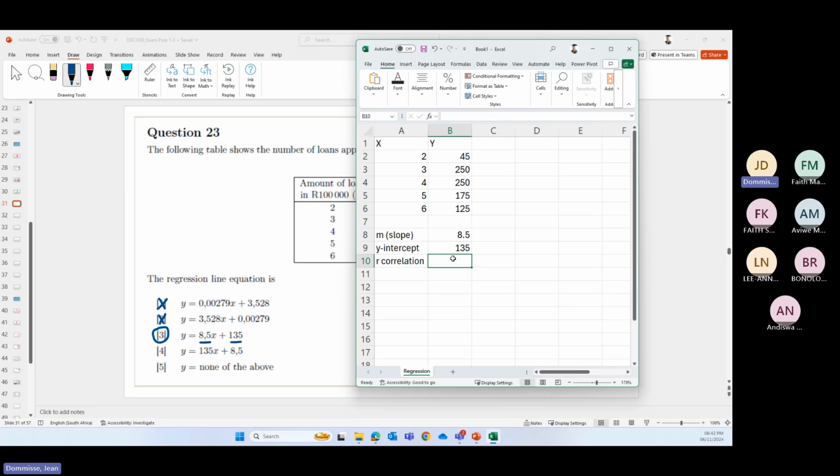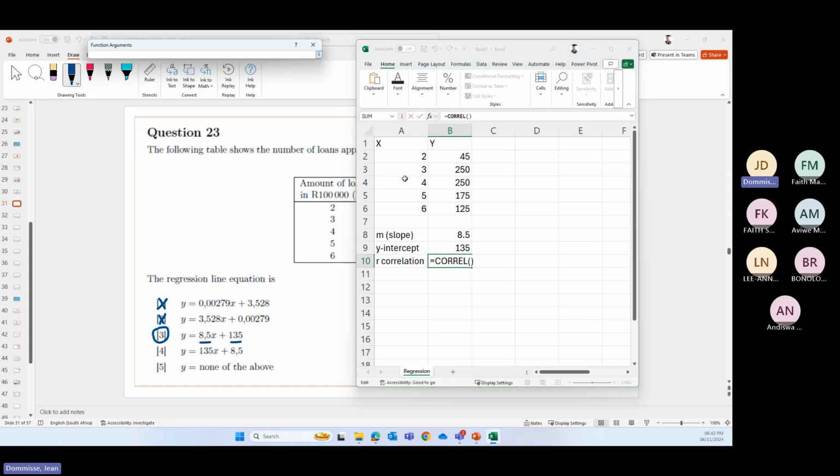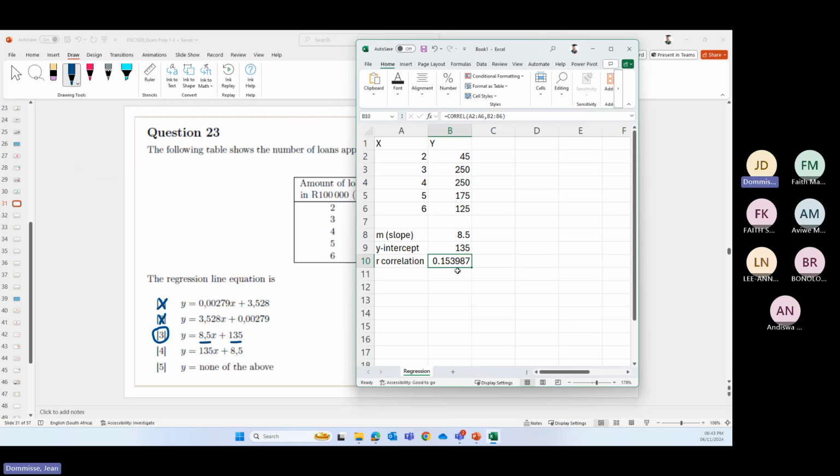If I want you to work out the R at some stage from this data, there is a nice function called CORREL for correlation. And here we actually don't mind which is first or second. Then you can work out the correlation.